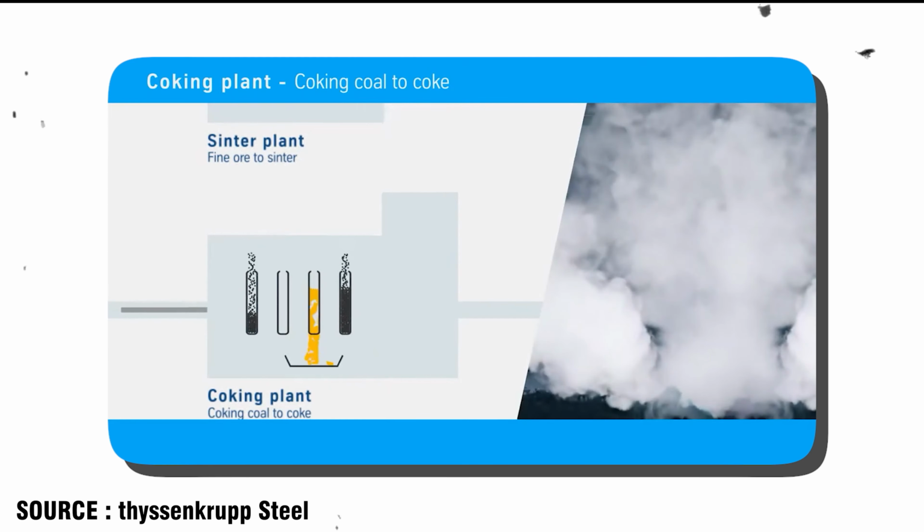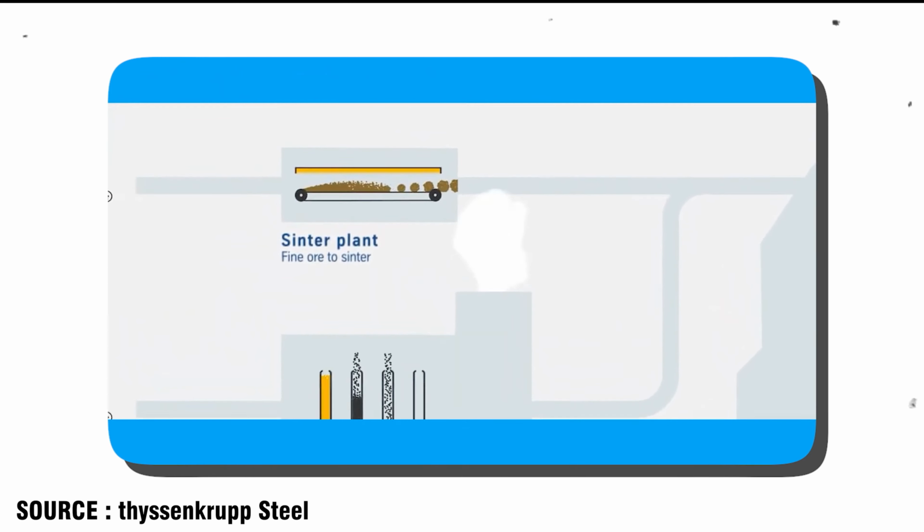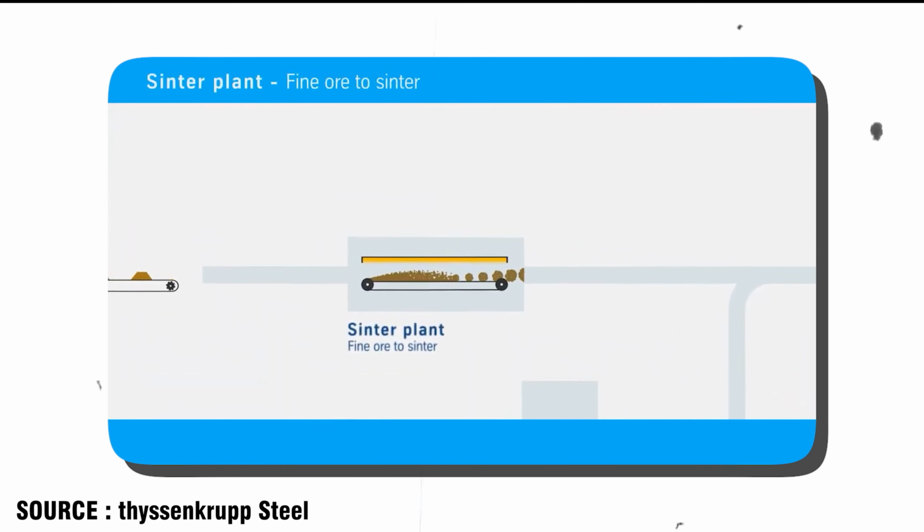The resulting coke is cooled down with water until it is hard and porous, just right for the blast furnace. In the sintering plant, fine iron ore is prepared for further processing in the blast furnace. Extremely hot air is used to cake the iron ore into coarse lumps in the sintering process.